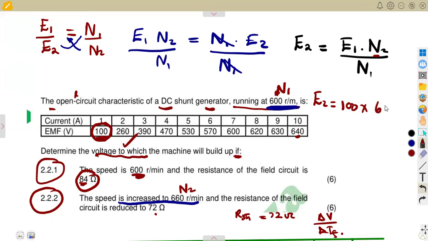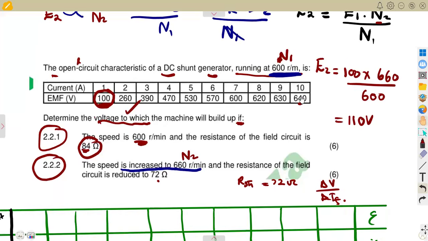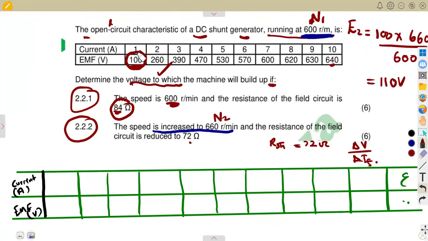So N2 over N1 is 660 over 600. You multiply this and you obtain 110 volts. So when this was at 100, now it is at 110 volts.